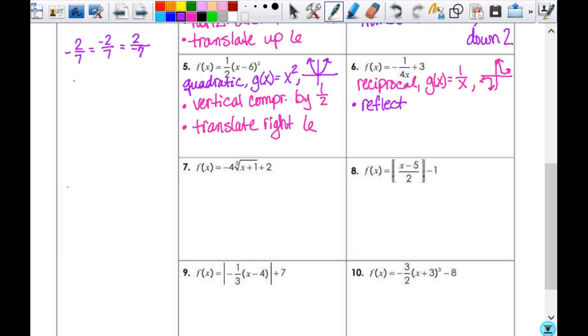Seems weird, but here's my little parent function, right? Looks like this. If I reflect this in the x-axis, or if I reflect it in the y-axis, it's going to be the same thing. Okay? So does it really matter?